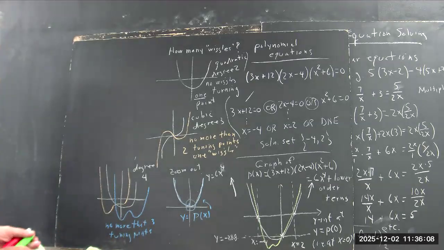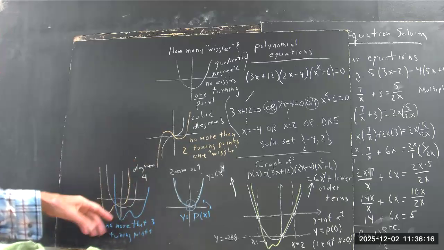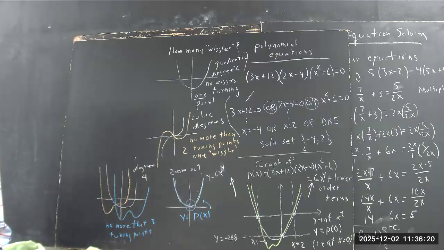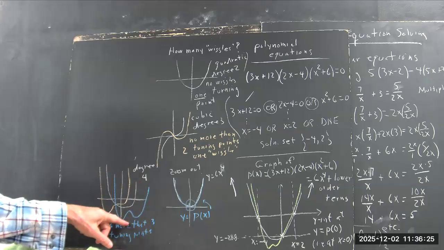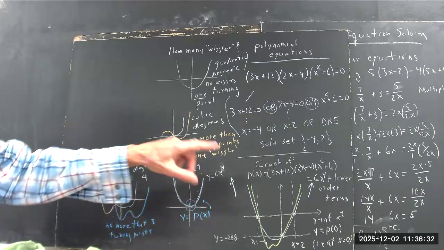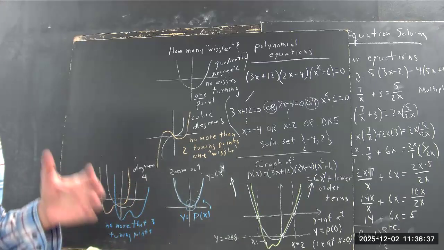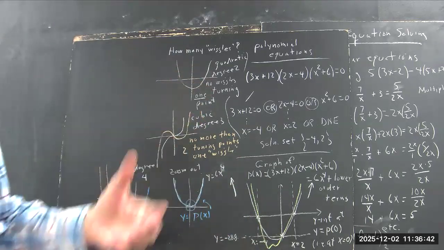No more than 3 turning points. Okay. If it looks like this, where all the turning points and everything that happens around the turning points is below the x-axis, it's only going to have 2 zeros. But if I add the right number on the end of that function, it's going to vertically shift that graph, right? If I add a number k, it's going to shift the graph vertically k units.